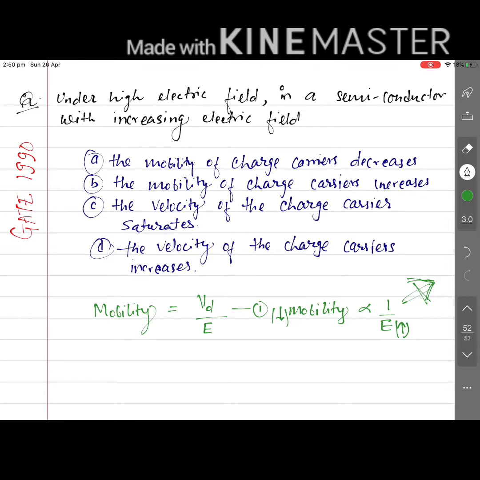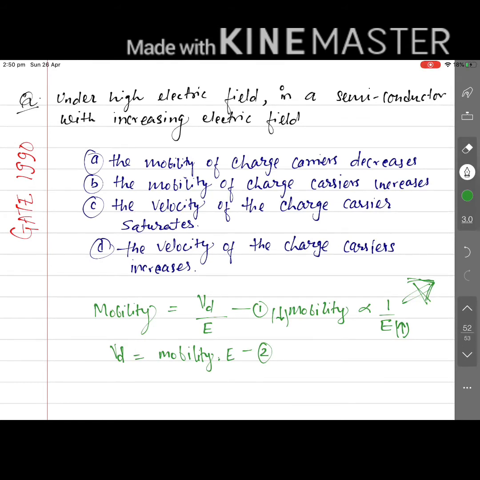From this equation 1 we can also conclude that the drift velocity Vd is mobility into electric field E, right? So let me consider it as equation number 2. So similarly as equation 1, we'll see the relationship between electric field and the drift velocity.